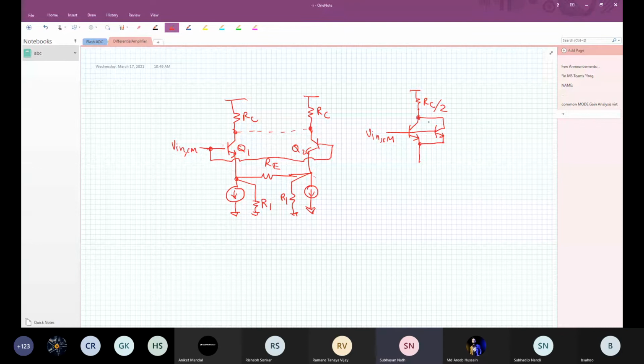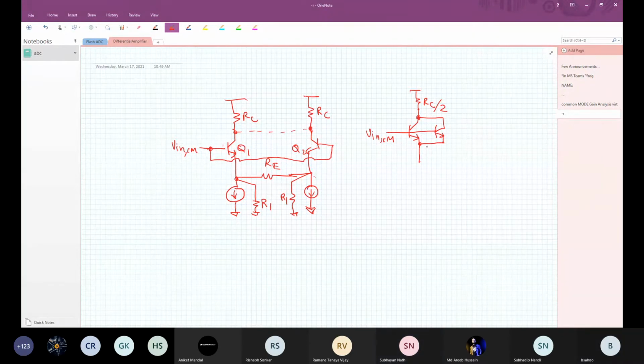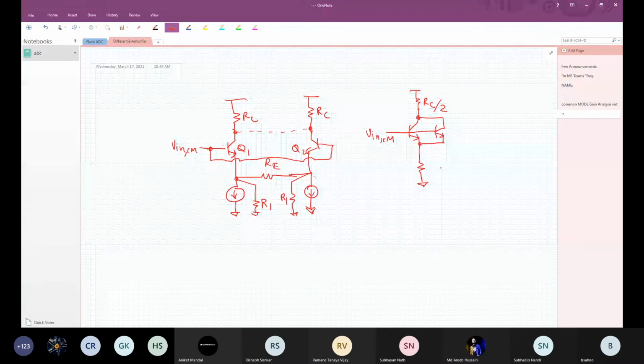R1 by 2 parallel? So maybe R1 parallel RE by 2.